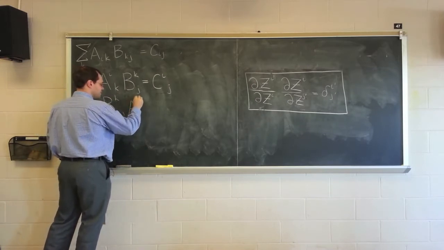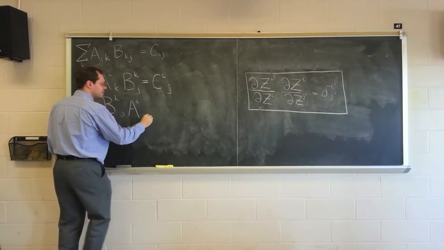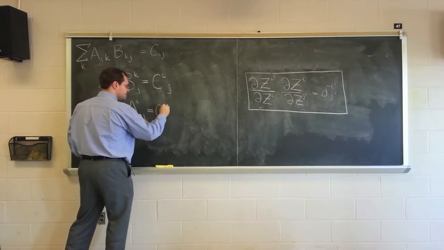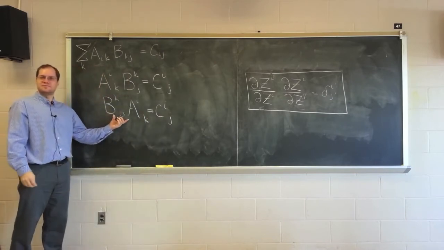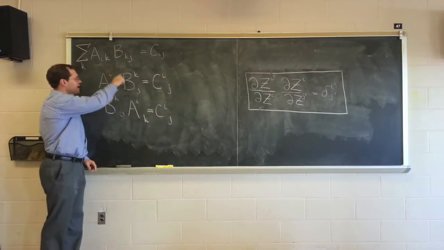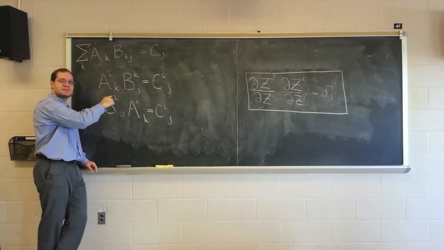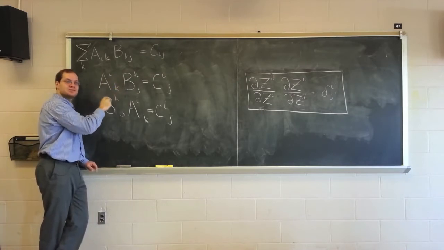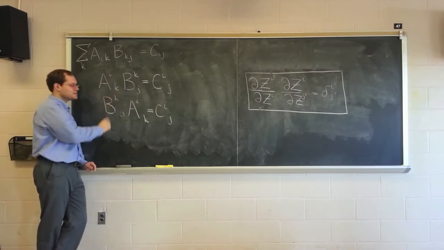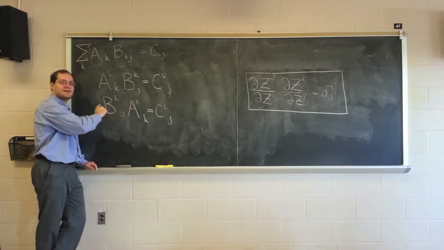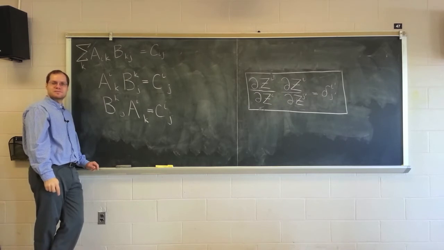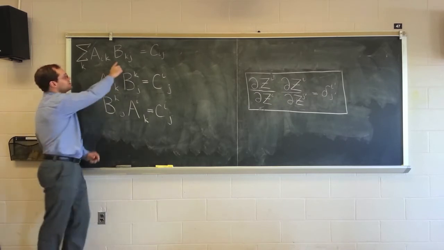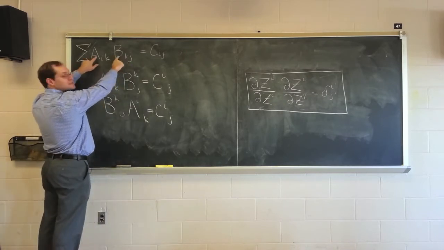B^k_j A^i_k equals C^i_j. This is completely equivalent because A^i_k is not the matrix itself, it's the entry in the matrix. This is writing the matrix product explicitly in terms of the entries of the matrix. So in this summation, this is just an entry, this is just an entry.